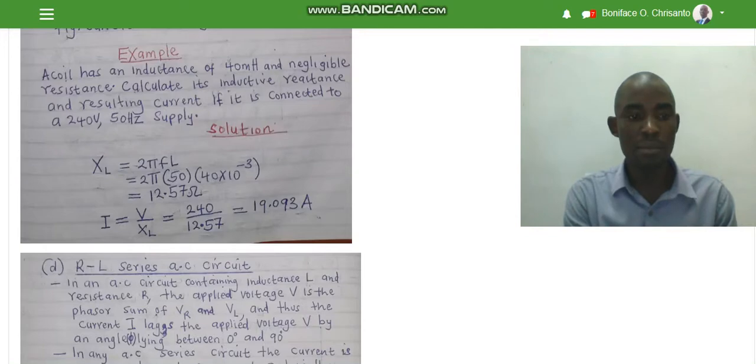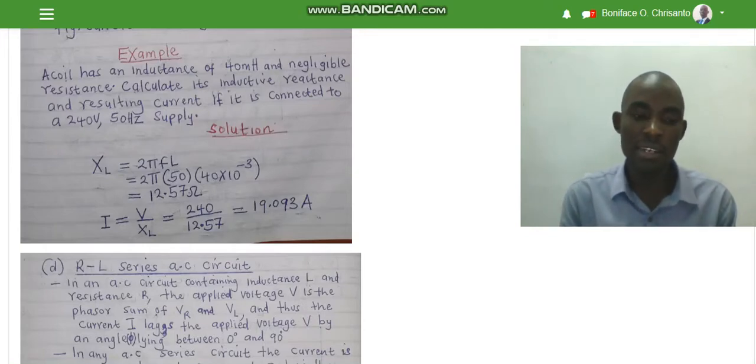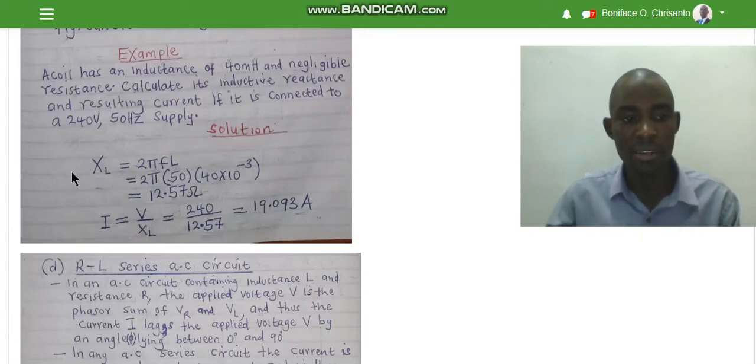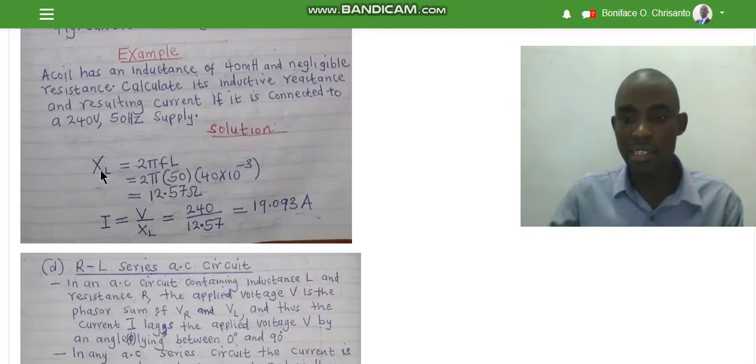We have said before that an inductor offers inductive reactance. Inductive reactance is denoted by XL. Remember we said X denotes reactance, but when you want to be specific, you need to introduce a subscript below this letter to specify the kind of reactance you're talking about.